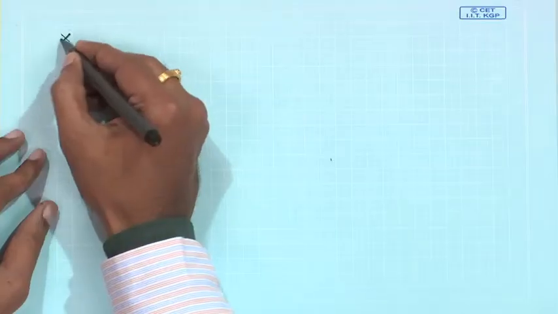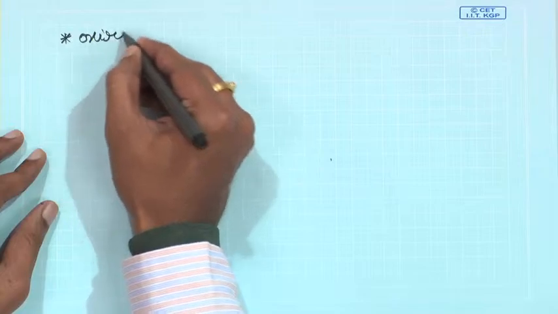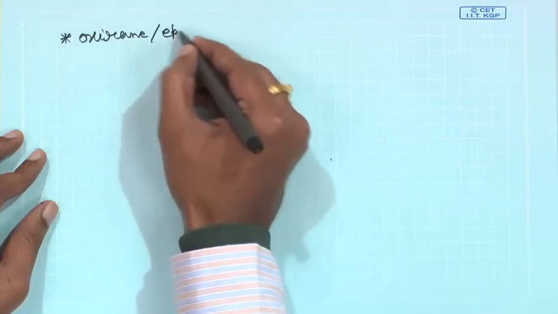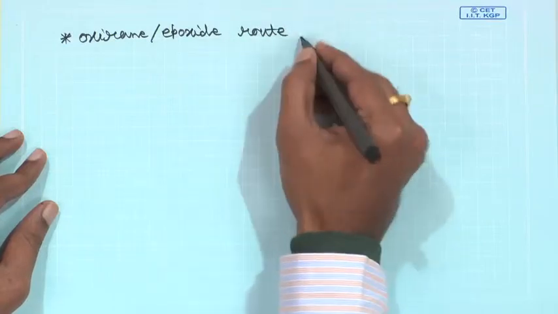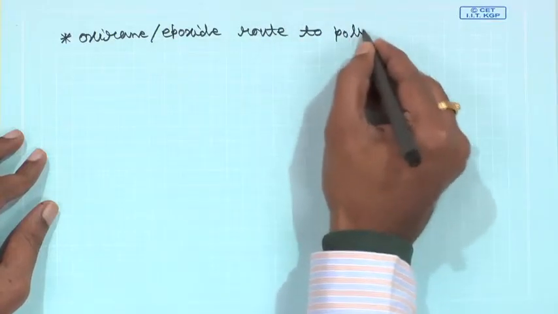So, today we are going to talk about the fourth route towards polycarbonate, and that is the oxirane or epoxide route to polycarbonates.